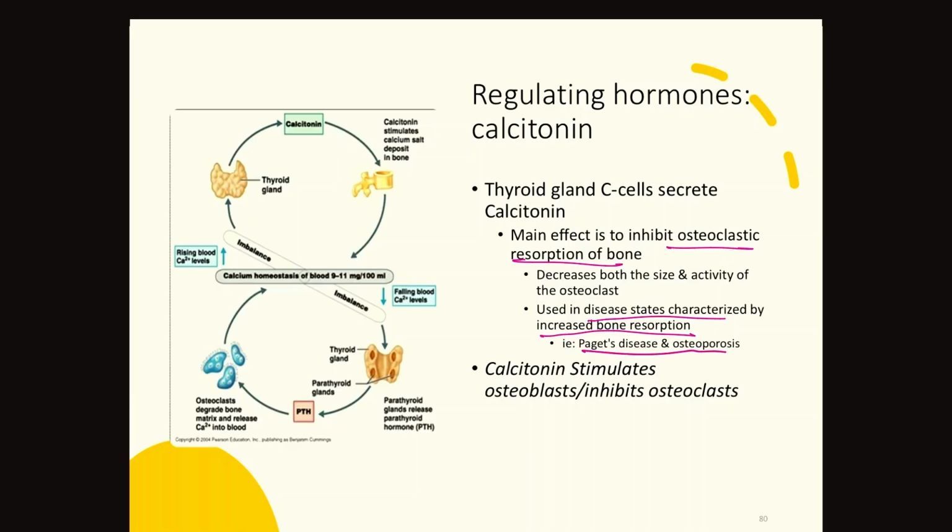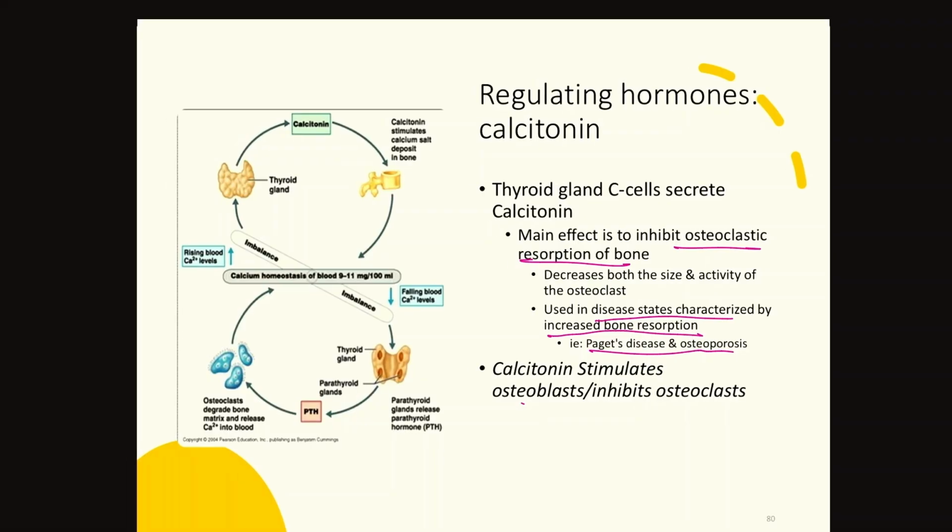The first disease that we're going to look at today is Paget's disease, and we'll do osteoporosis later on as well. But we only look at calcitonin when we suspect an underlying disease, something else going on. But calcitonin is going to stimulate osteoblasts. Obviously, it's going to build bone, and inhibit the osteoclasts.